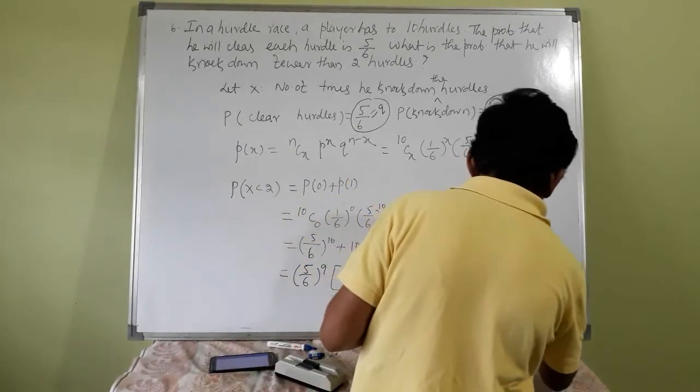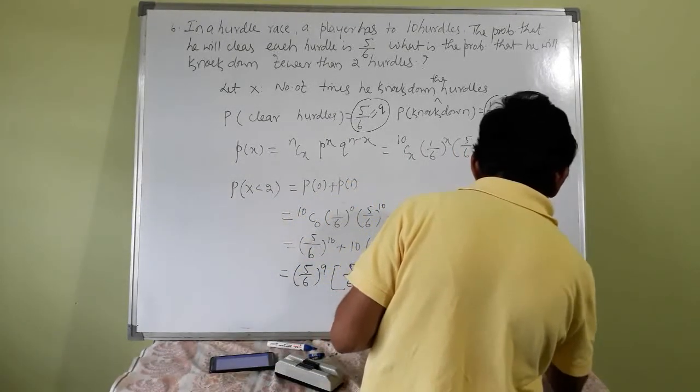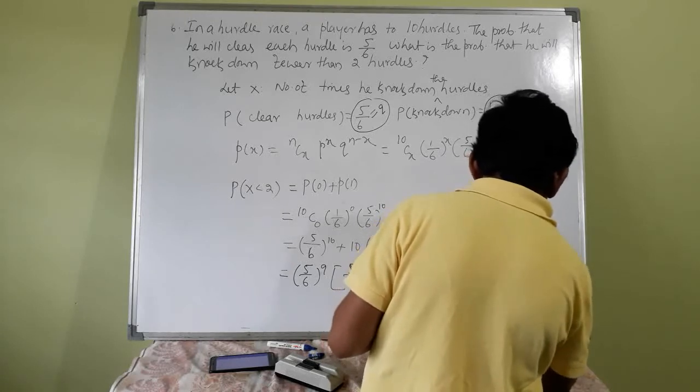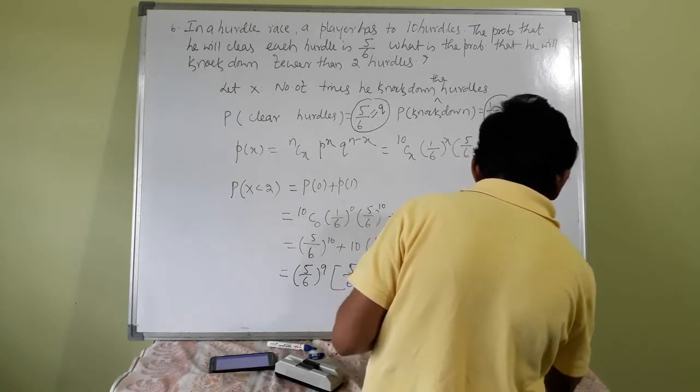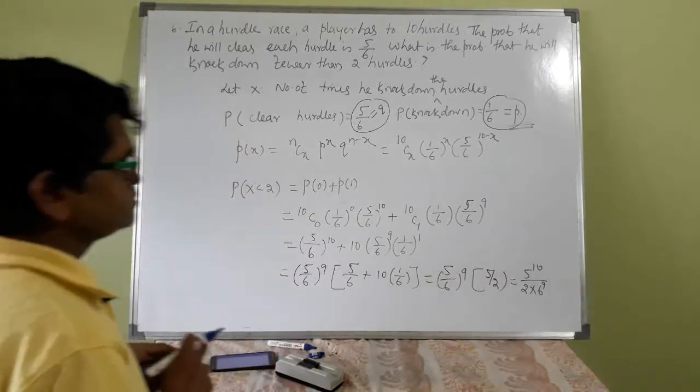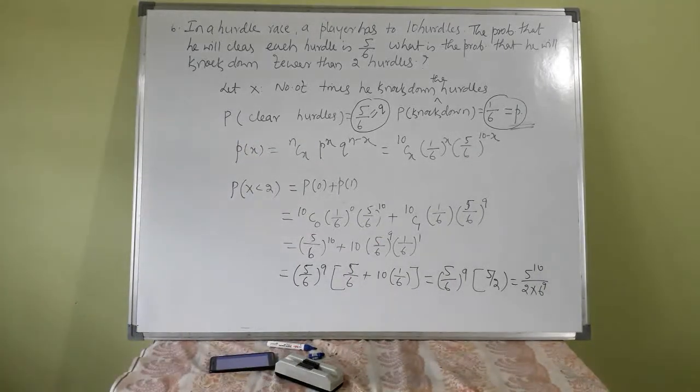So this is 5 to the power 10 divided by 2 into 6 to the power 9, isn't it? Please make a change there.